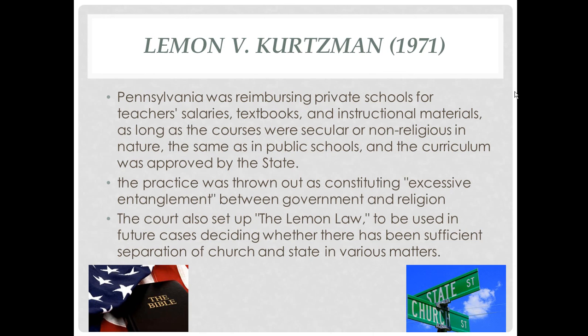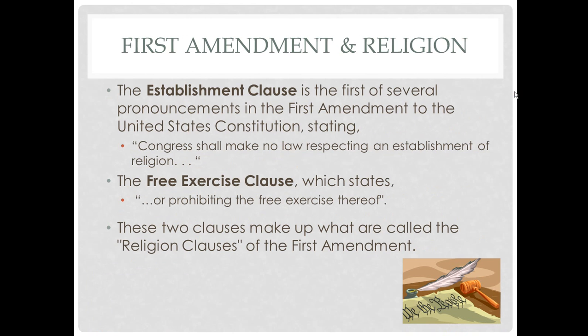And what this does is it basically sets up 3 prongs of establishing whether or not whatever legal action or state action or law or rule in a school is actually constitutional. So to review here really quick, in the First Amendment, there's 2 parts to establishing the religion clause, or these religion clauses, let's say.